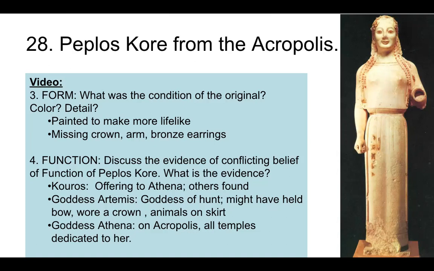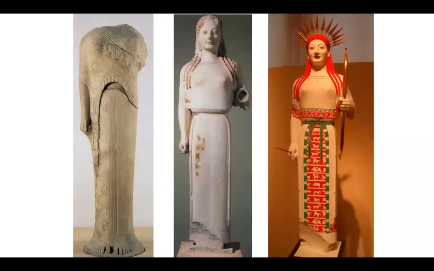We don't exactly know. That might tell us that she was a priestess. So these are representations of what we think she looked like with the crown and the bow and arrow. So this really makes her look like she's maybe Artemis instead.